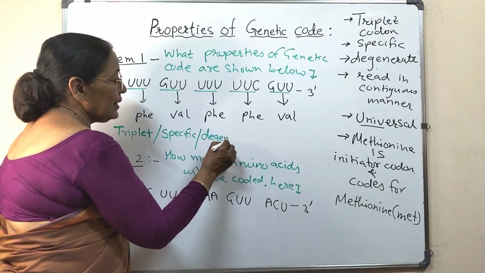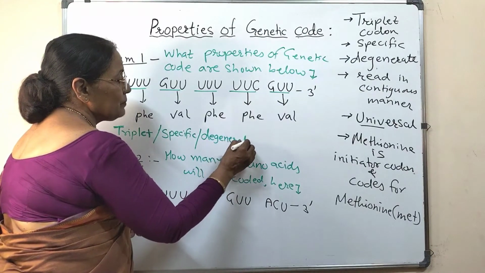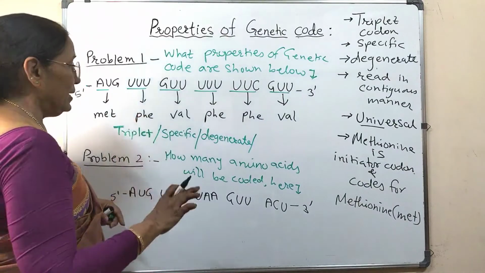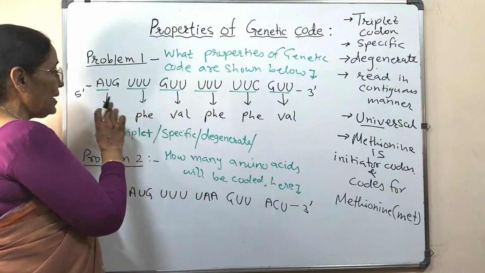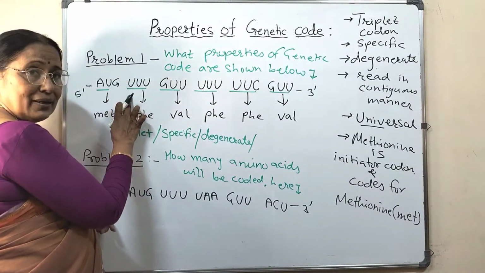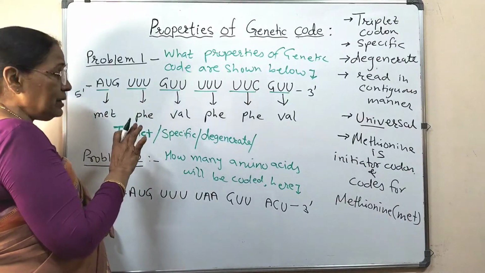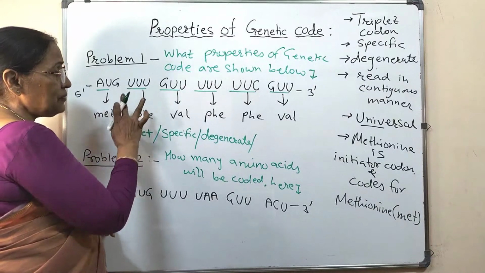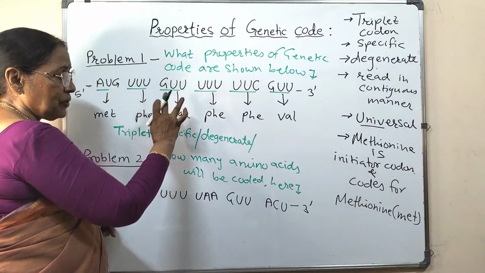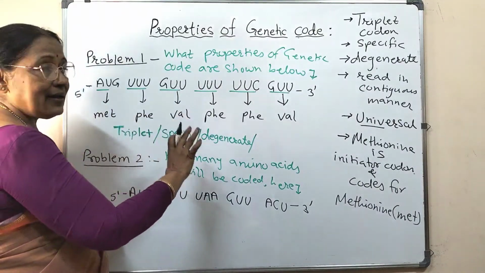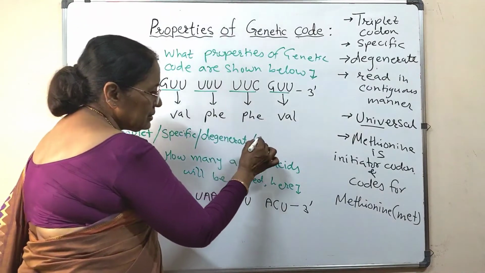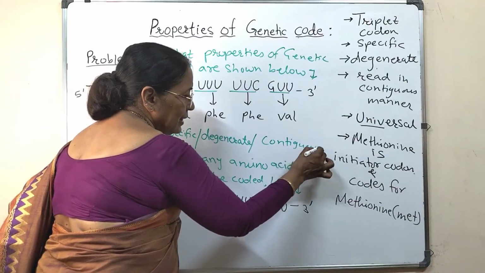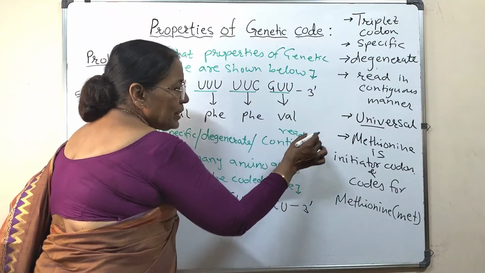So the codon is degenerate. Next, it is read in a contiguous manner. After AUG there is no comma, no full stop, no overlapping. The first three form one codon, the next three form the next codon, and so on. It is read in this fashion.